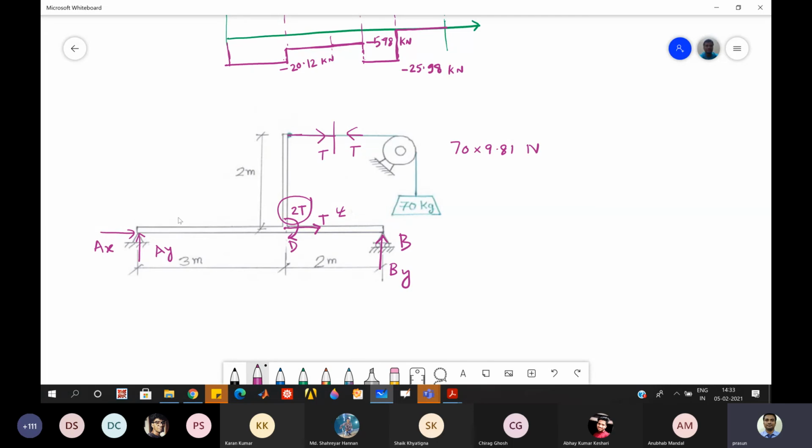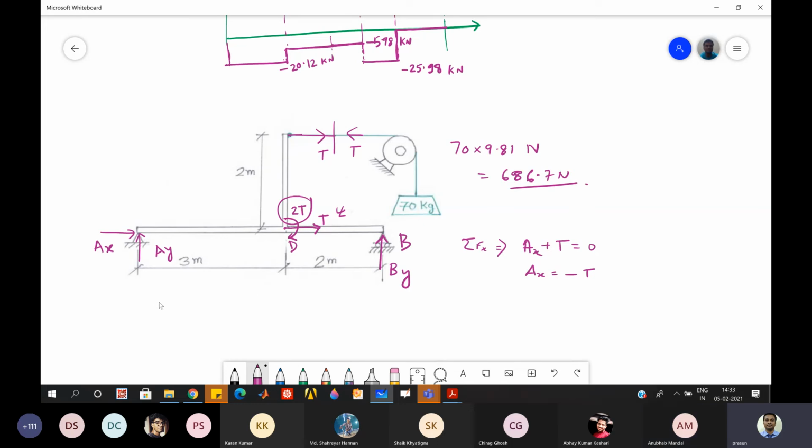Now the summation of Fx gives AX plus T equals 0, so AX will be minus T. All right, so T is coming to be, you know how much it is? 686.70. Yeah, it is 686.7 Newton. So then this will be minus.